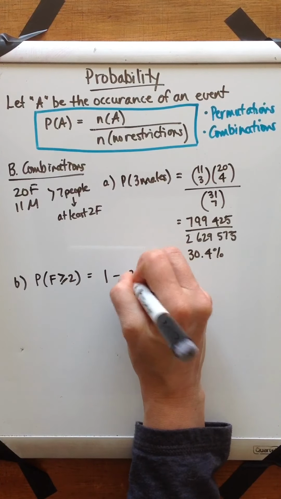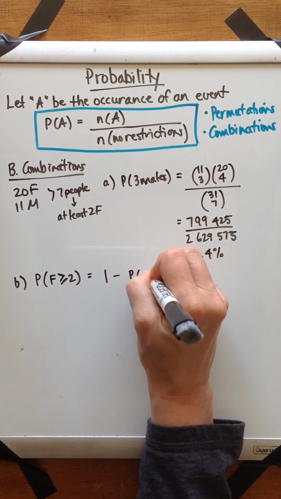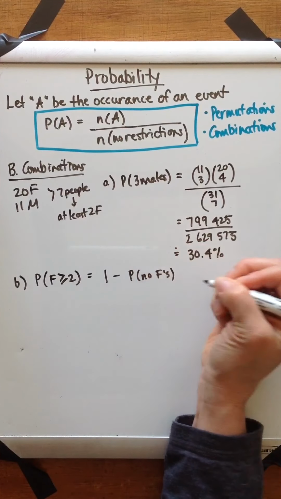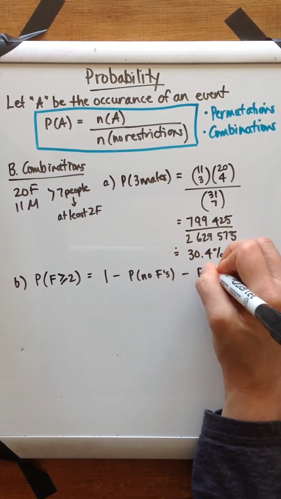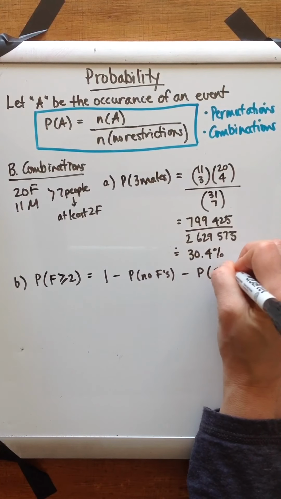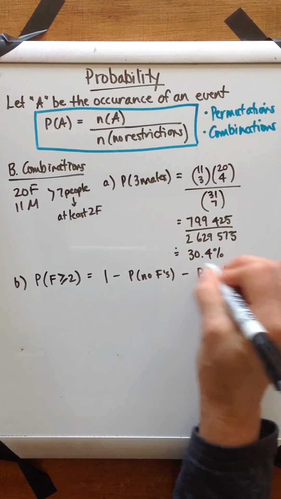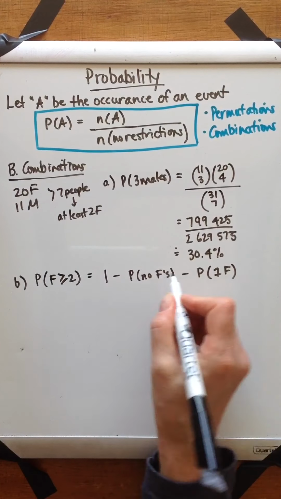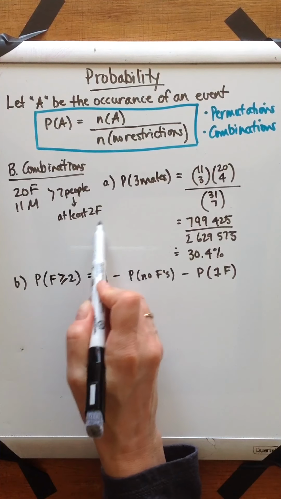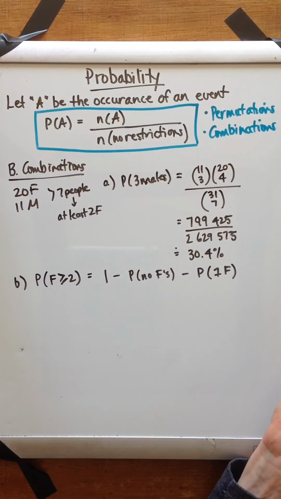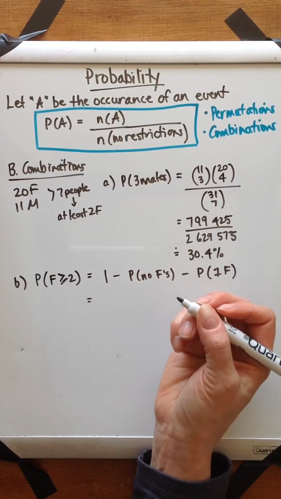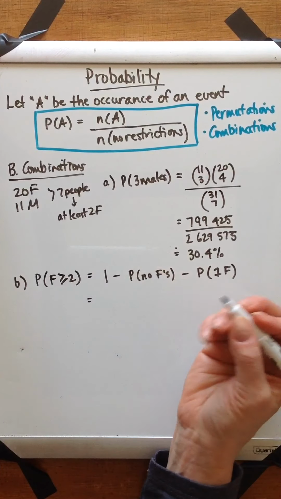Let's take away the probability as a decimal where there are no females in the group. And then let's also take away the probability where there is only 1 female in the group. Because what's left over after we subtract from the whole should be all the scenarios where there are at least 2 females. So the whole means, again, no restrictions.